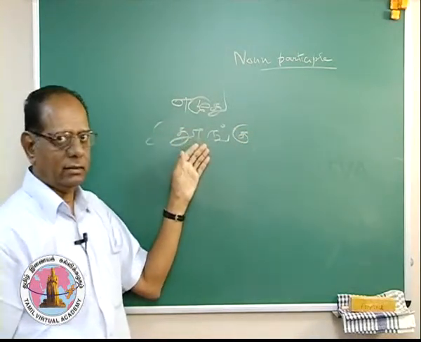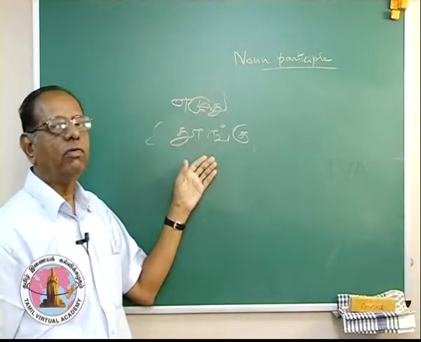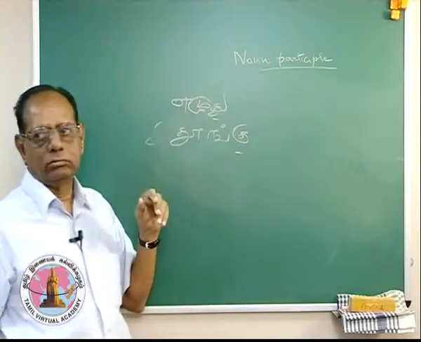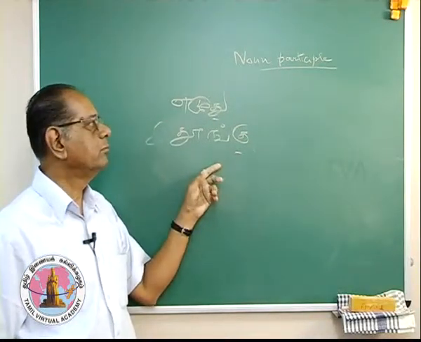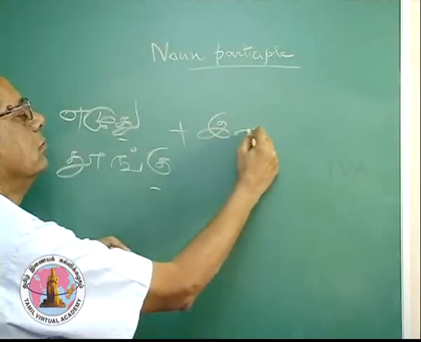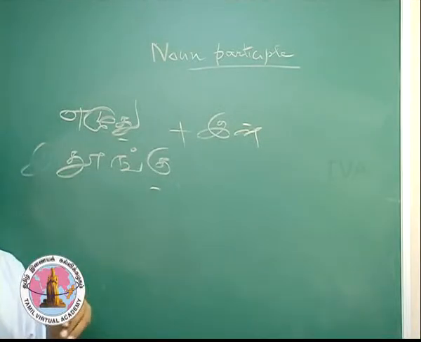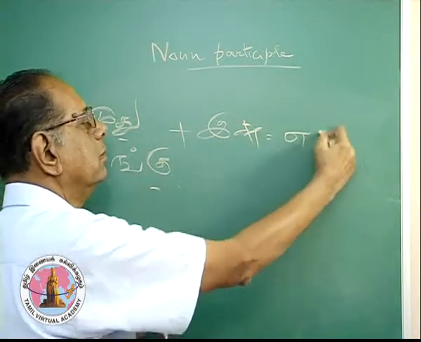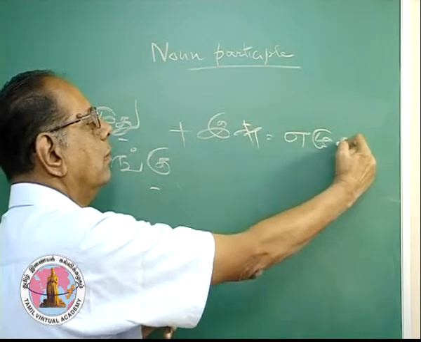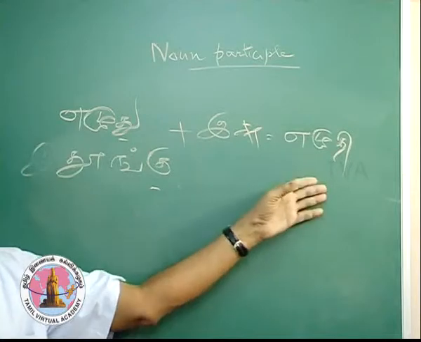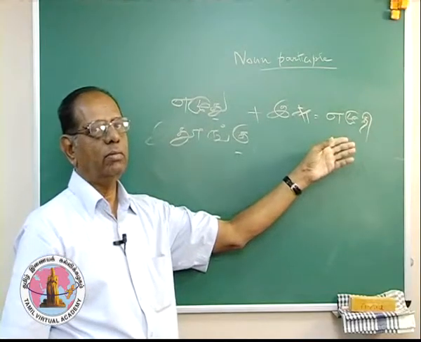Here is another set where you have verbs ending with u, a consonantal vowel. What did we do? We took up the tense marker in and removed the last letter and made it எழுதி. This is the verbal participle.